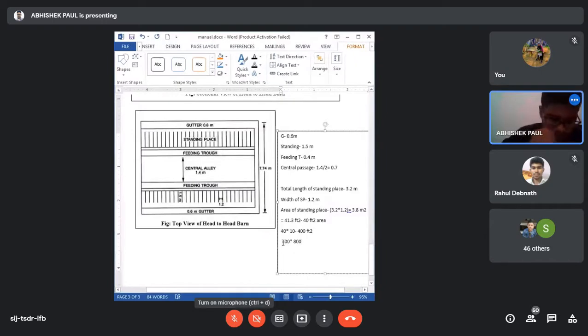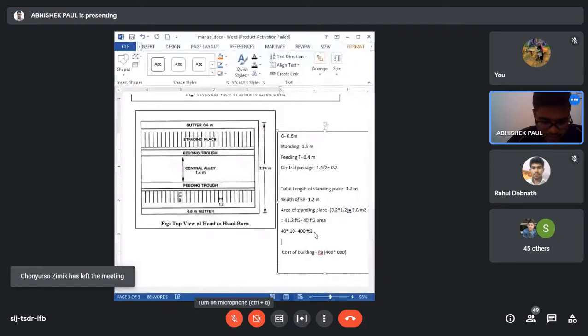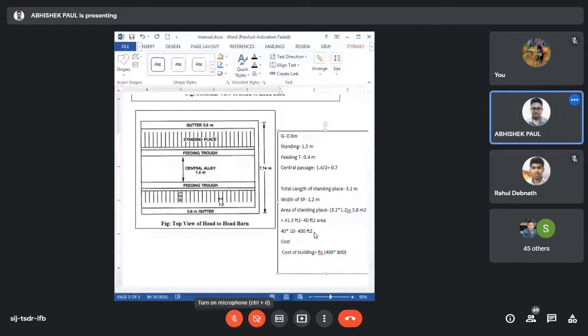So this will be the money cost of building. Is it clear? So this is rupees. We are assuming the cost of building is 800 per square feet.